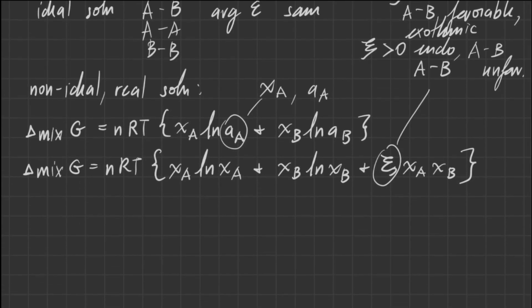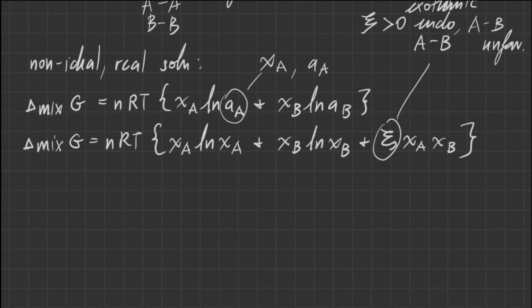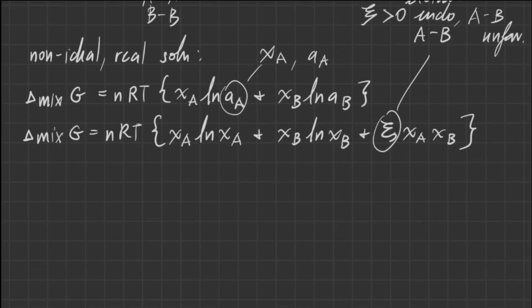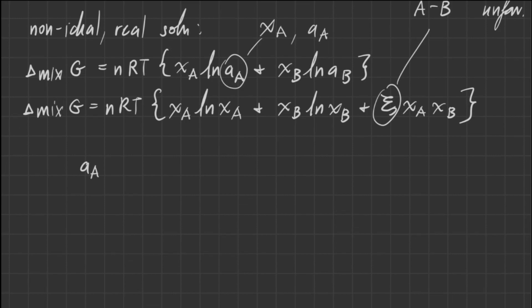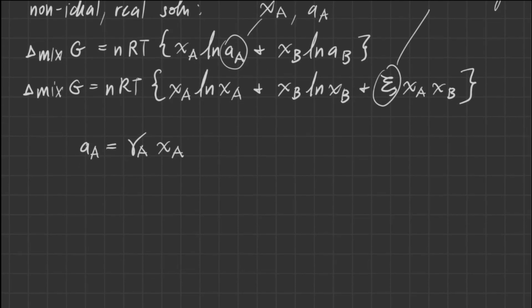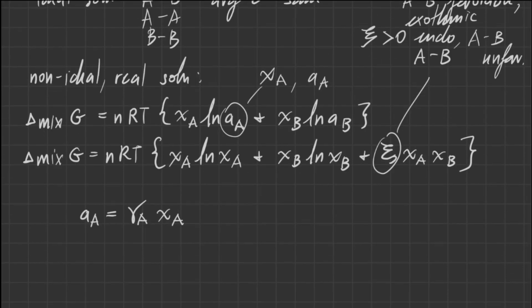So, just really quickly. What we want to do here now is introduce the equality that the activity of molecule A, or solvent A, is equal to this gamma A times the mole fraction of A, where the gamma A just reflects the deviation from reality.